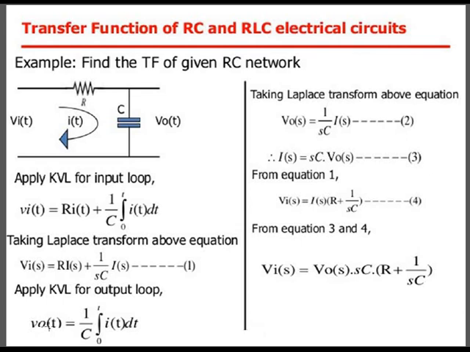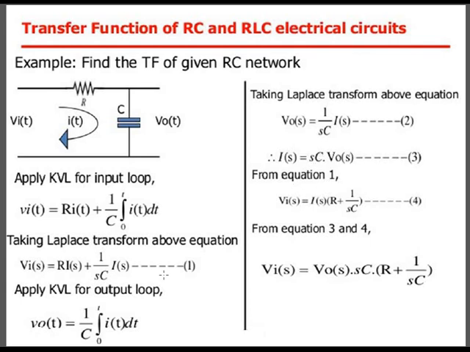It is given by V(t) = 1/C ∫ from 0 to t of i(t) dt. Taking the Laplace transform, Vo(s) = 1/(sC) I(s). So now I(s) is given by sC Vo(s).